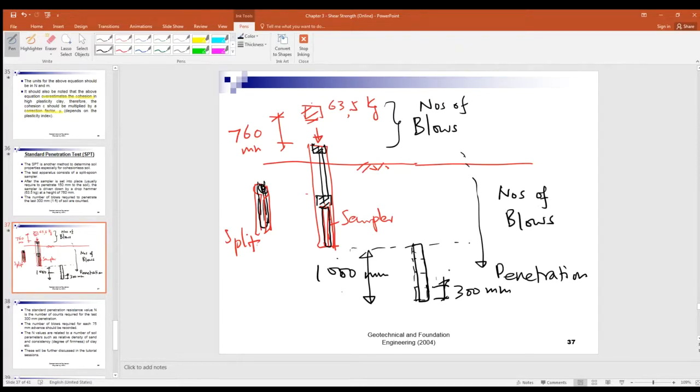That will drive this sampler tube into the final 300 mm. That's the end value. So this is called SPT value, standard penetration test value.